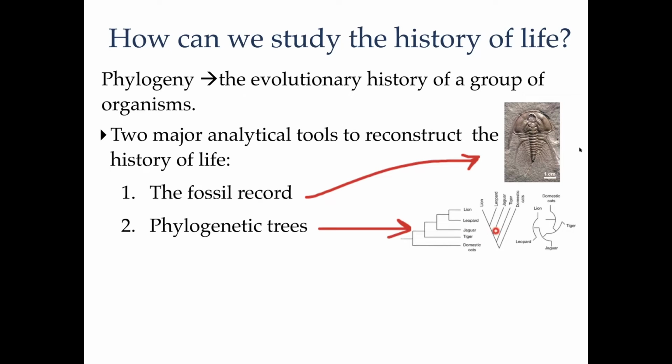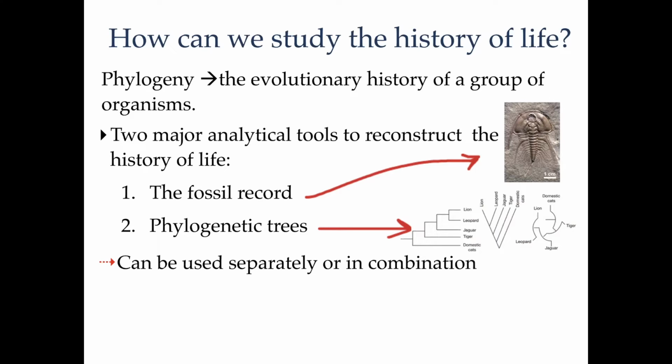Even though they have different topologies and shapes, they are trying to do the same thing, which is to represent the evolutionary history of this group of organisms. These two tools can be used together or separately, so we can reconstruct the history just based on the fossil record, or we can use the fossil record to construct a phylogenetic tree.